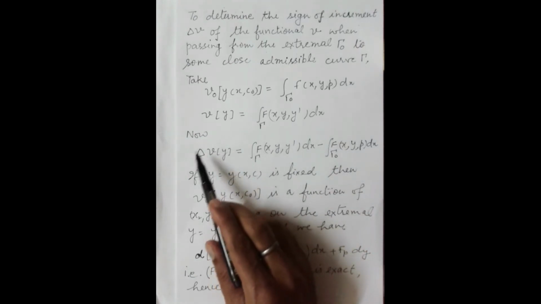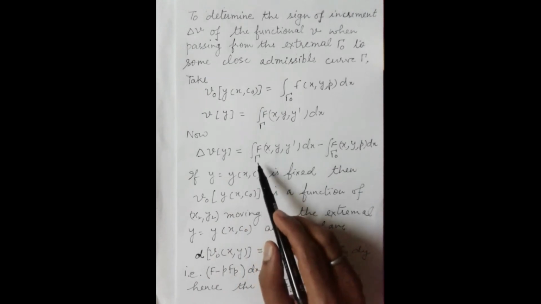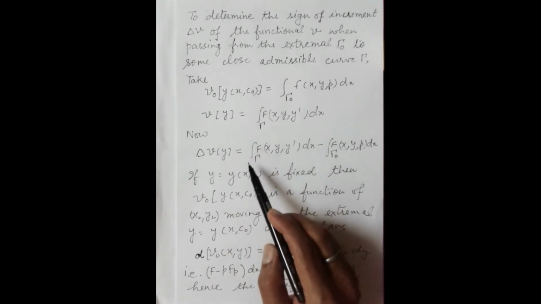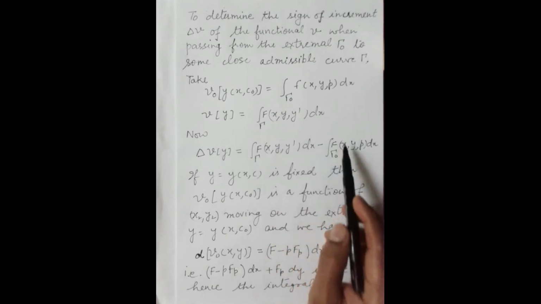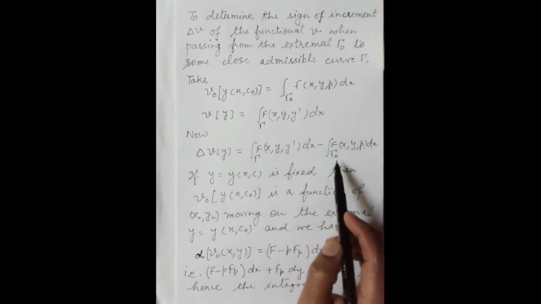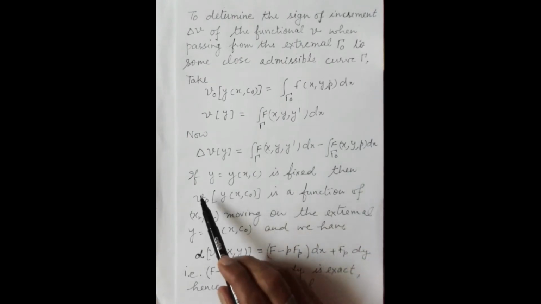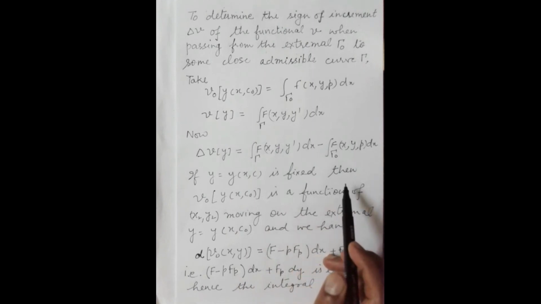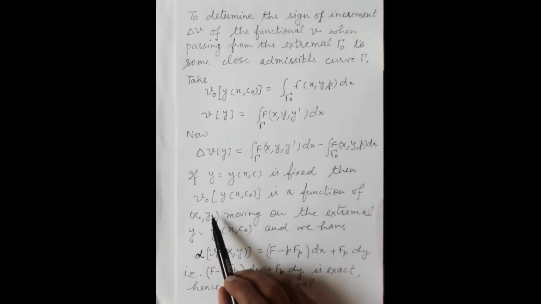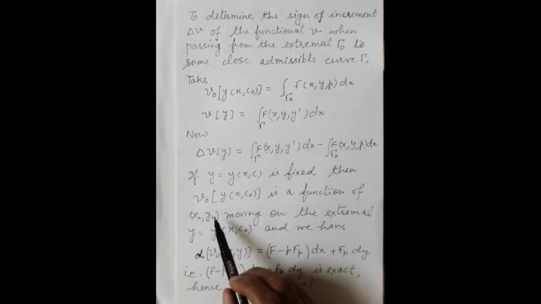Now delta V(y) is equal to the integral along gamma of F(x, y, y') dx minus the integral along gamma naught of F(x, y, p) dx.